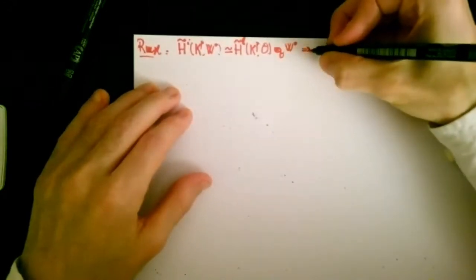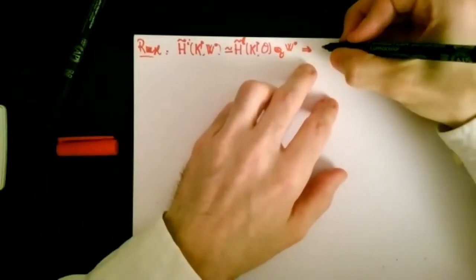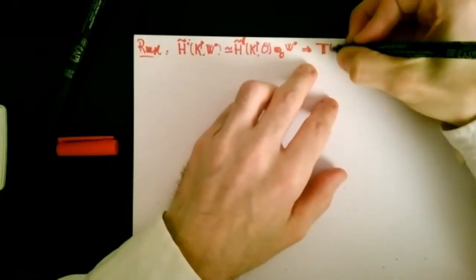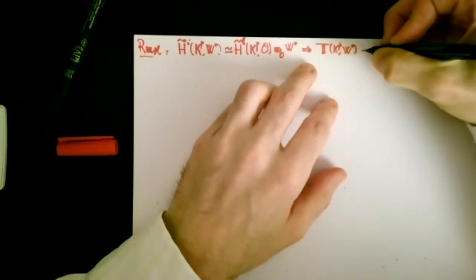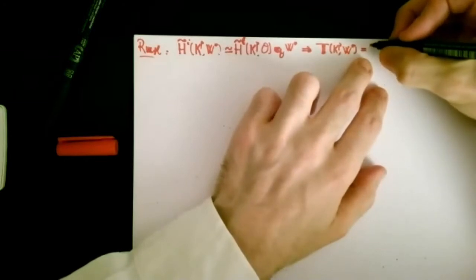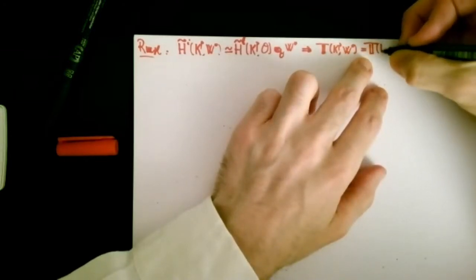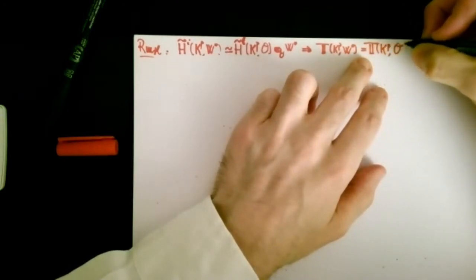And so from now on, we can forget about the coefficients. So we have T^{K^P}(W naught) can be just taken to be isomorphic to T^{K^P}(O).